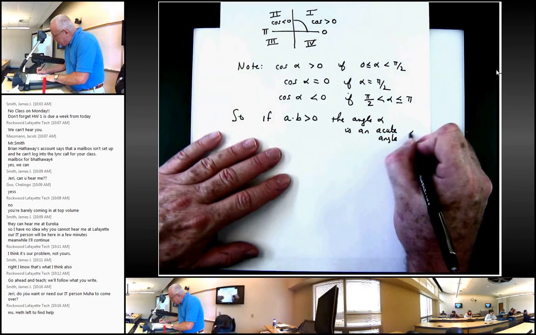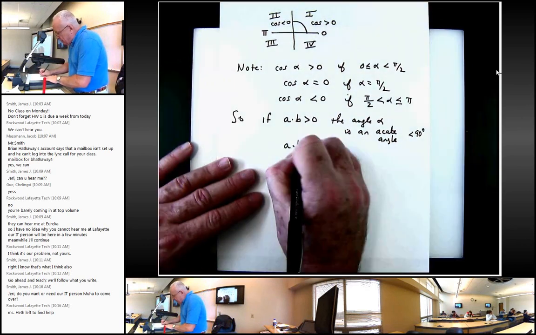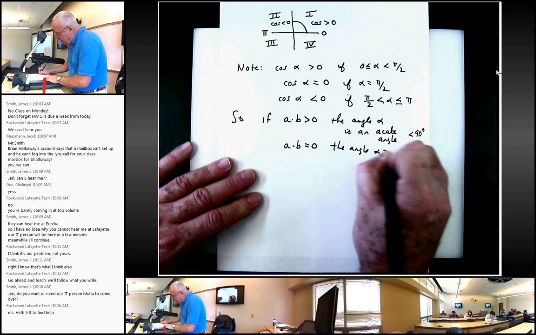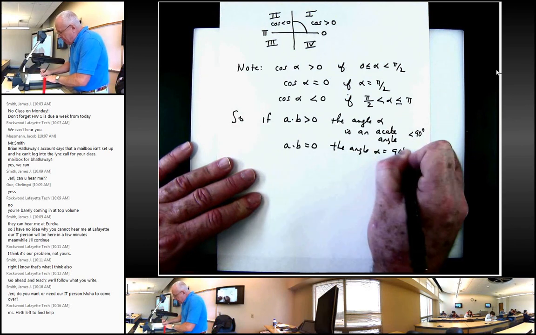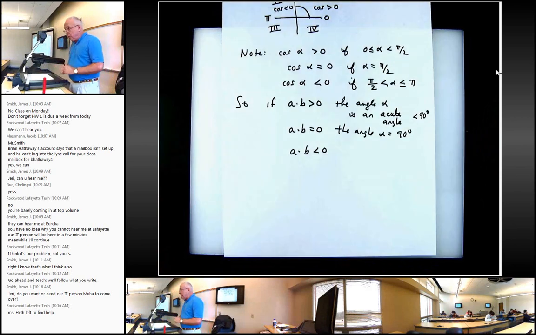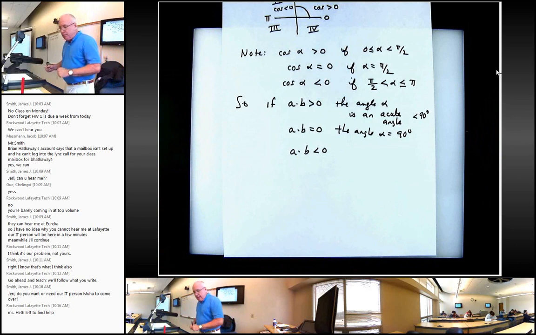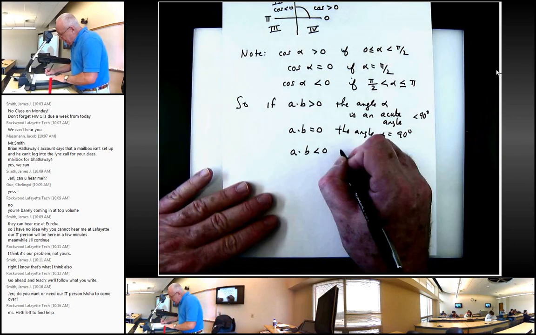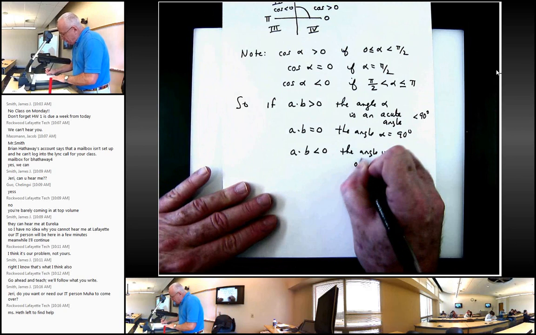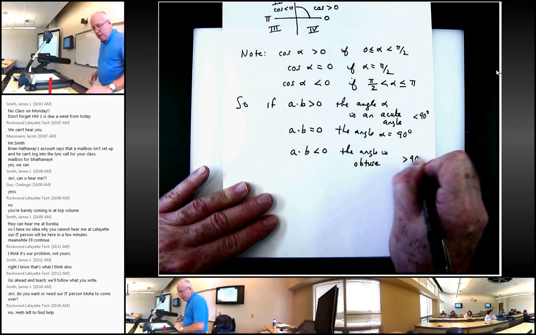If, of course, A dot B is equal to 0, the angle is exactly 90 degrees. And then if their dot product is negative, the angle is called an obtuse angle, again a geometric term, and that's where the angle is bigger than 90 degrees. The angle is obtuse, which means it's bigger than 90 degrees. Okay.